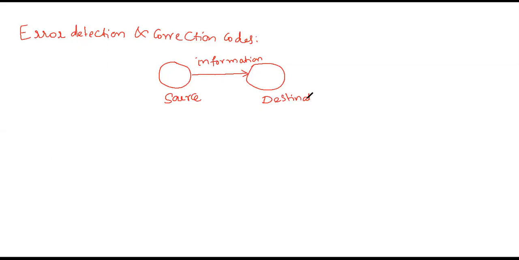Due to the noise in the transmitting channel or the environment, the information may get corrupted or changed. If the change in the information occurs, that is known as error.